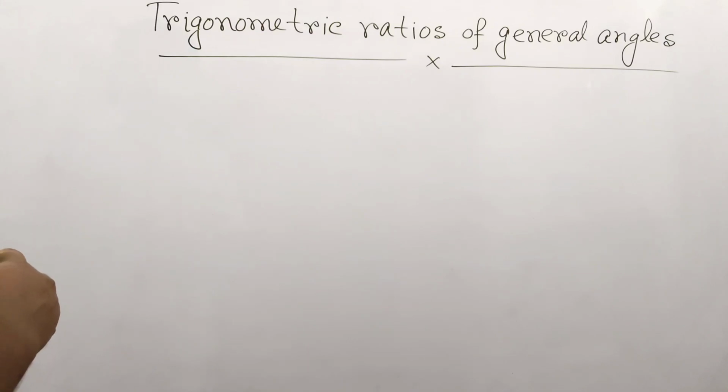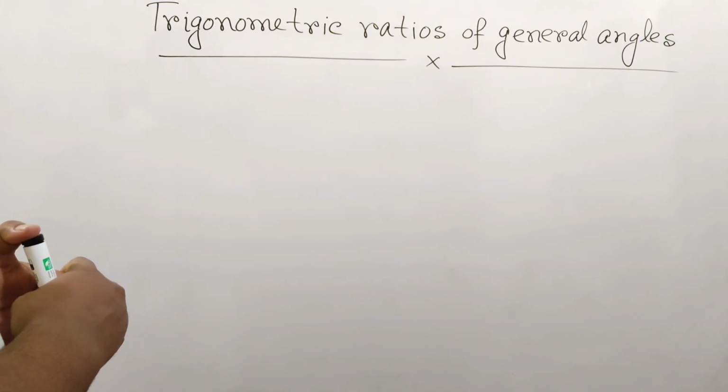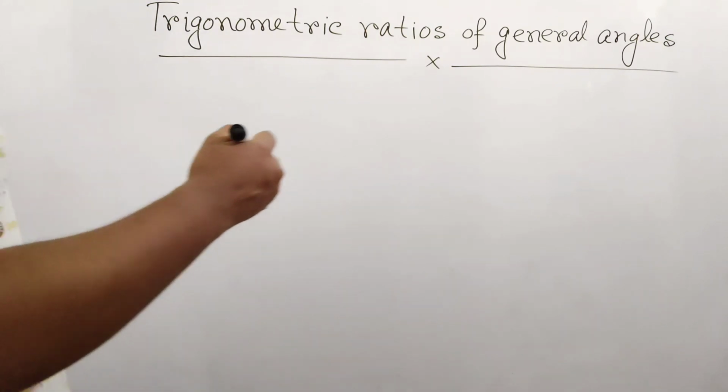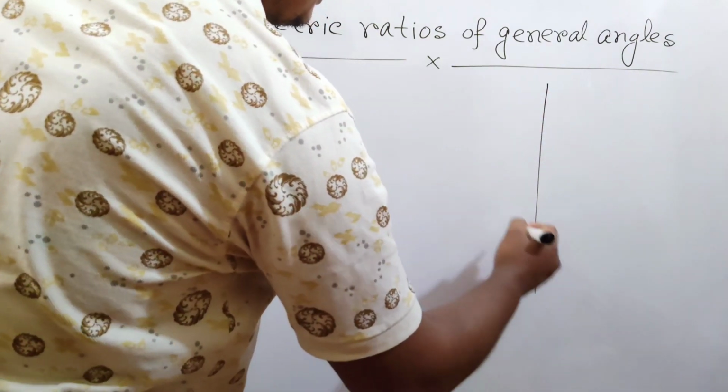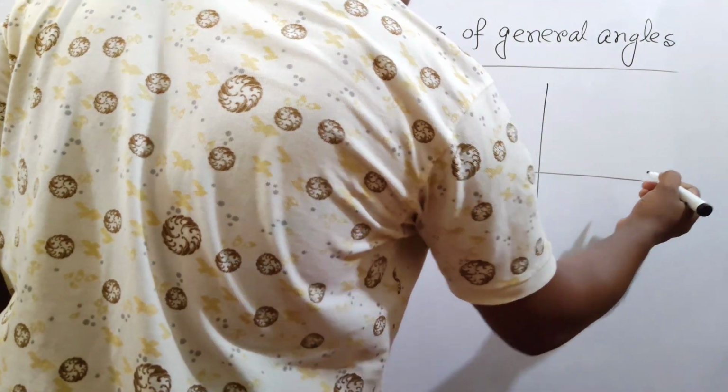For finding the general angles of trigonometric ratios, you need to know some tricks and rules. First of all, I divided the whole circle into 4 parts, that is, 4 quadrants.